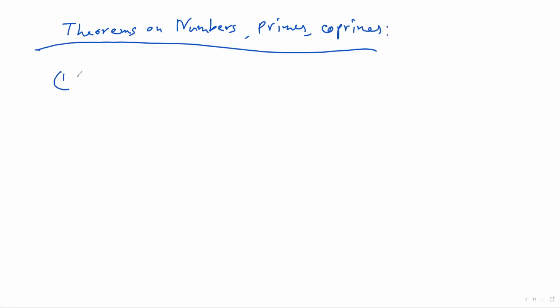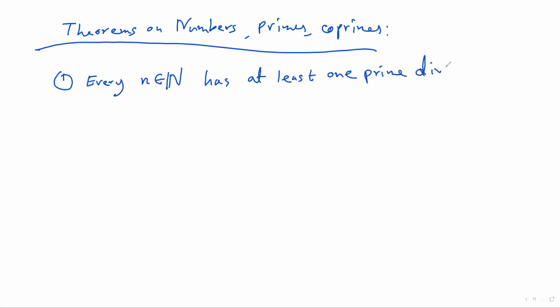And the first one is: every positive integer has at least one prime divisor. Okay. Every composite, let's not miss the important word here, composite. So every composite positive integer has at least one prime divisor.